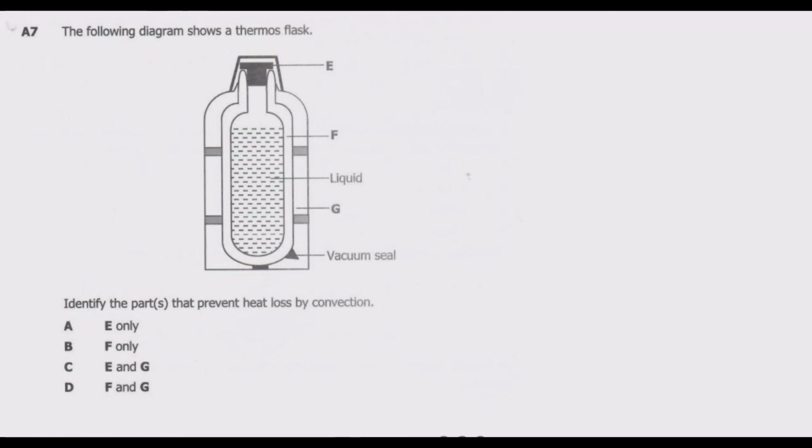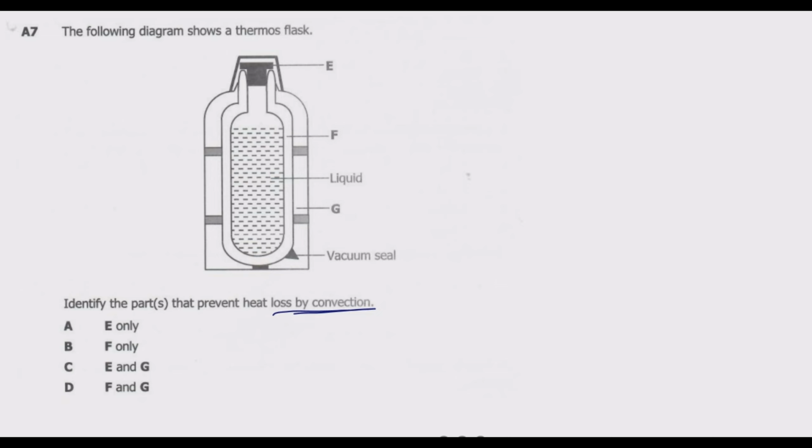Let us look at question 7. The following diagram shows a thermal flask. Identify the part or parts that prevent heat loss by convection. The question is asking us to identify the part or parts of this thermal flask that would prevent heat loss, or the transfer of energy, by convection.